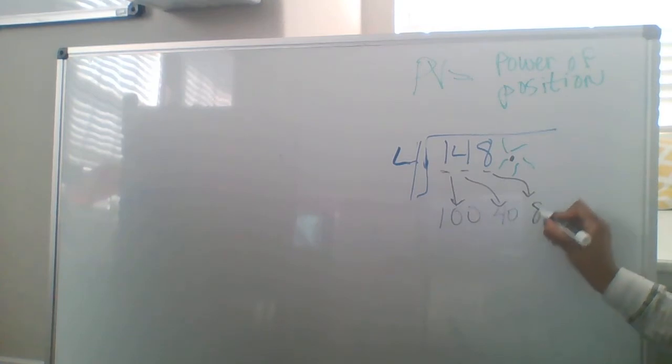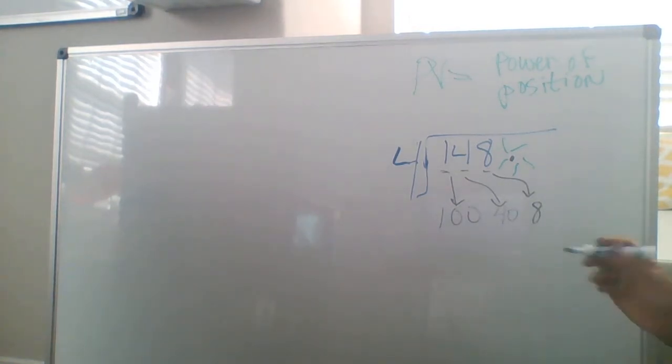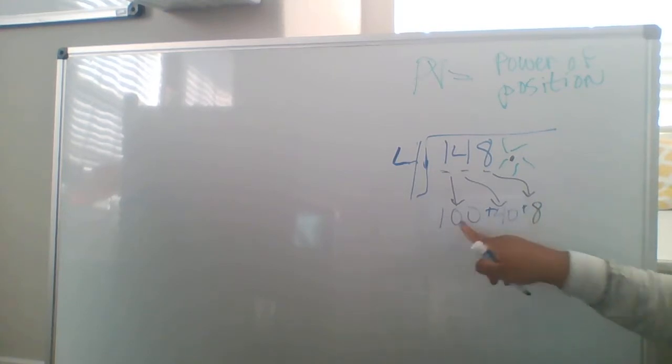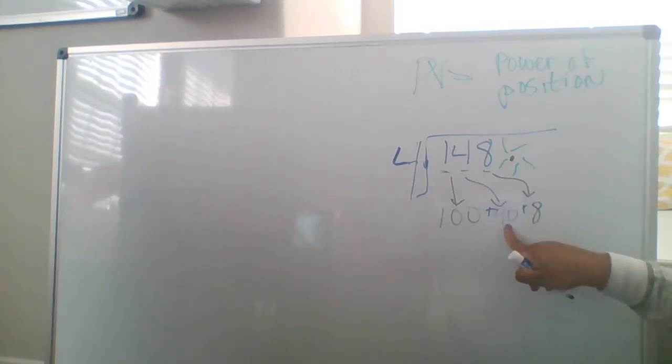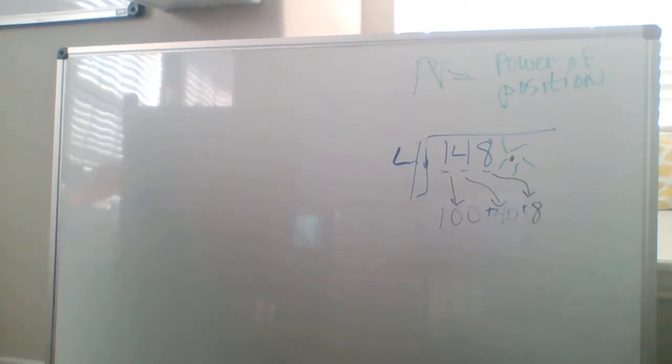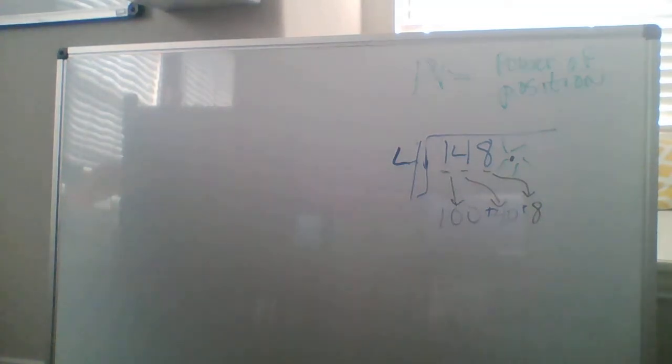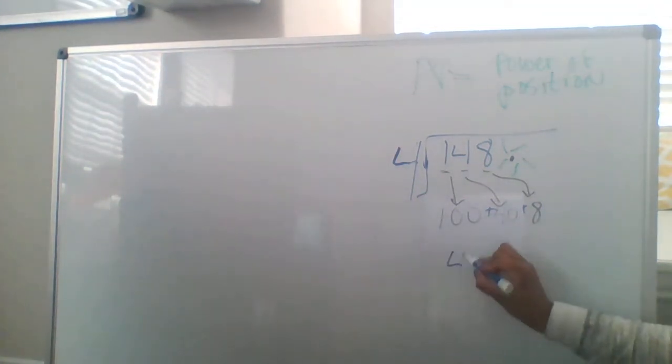So 8 times 1 is 8. And all we're doing is we're adding it together. 100, 40, and 8. Another way for understanding addition is the word and. Depending on your problem, the word and can mean to add. Okay? So now that we know this, let's go ahead and redo the problem.